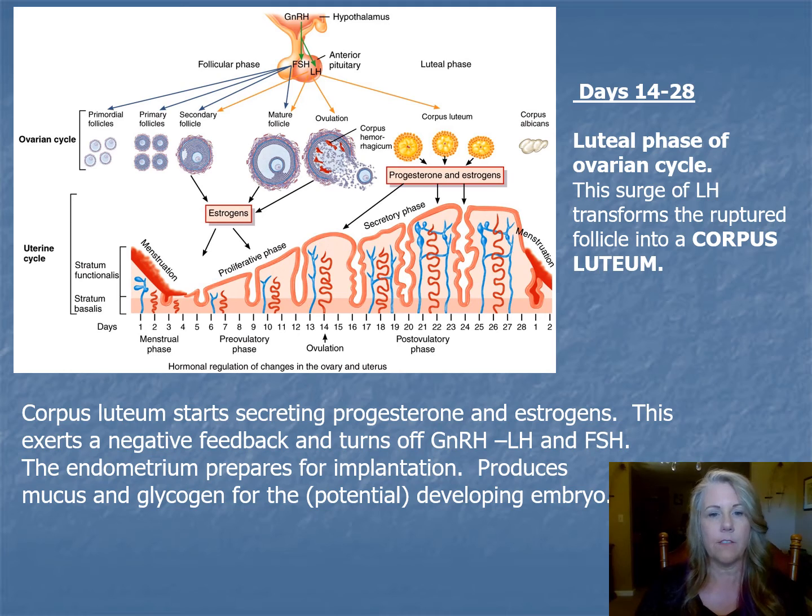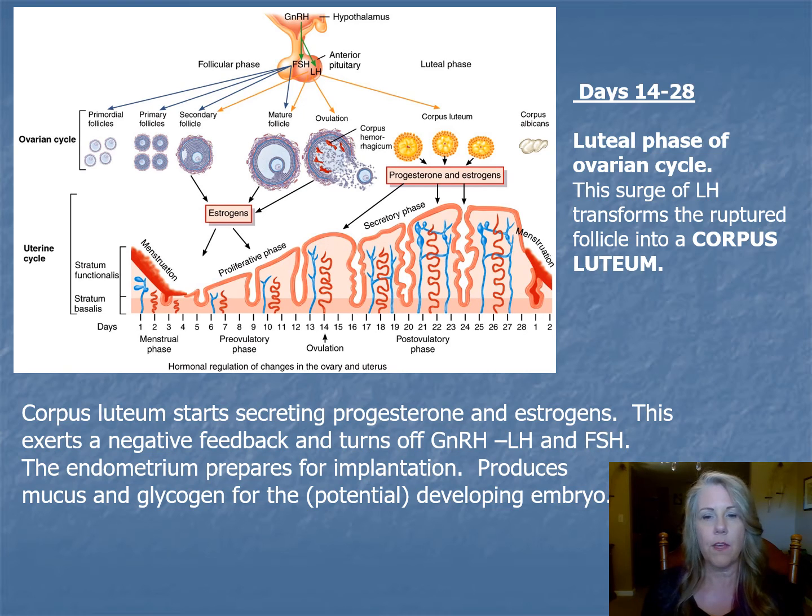All right, now let's flip over to talk about what's going on in the uterus. Hopefully you're looking at this picture. The endometrium, now we're getting into the secretory phase of the uterine cycle. The endometrium prepares for implantation. It produces and secretes mucus and glycogen for the potential developing embryo.